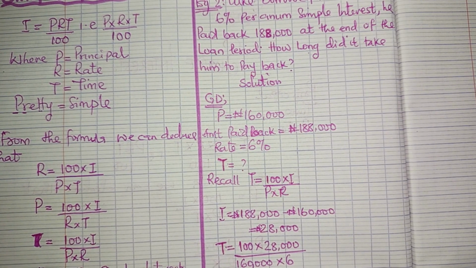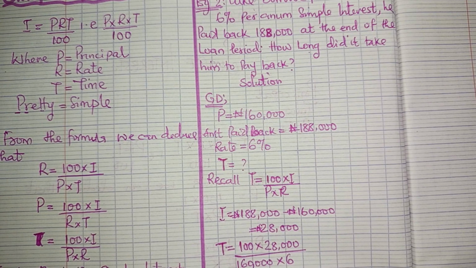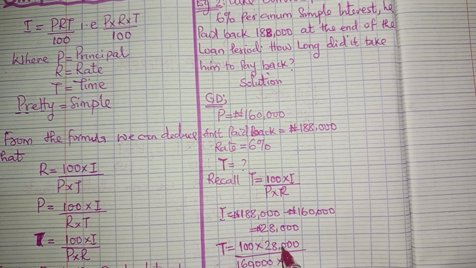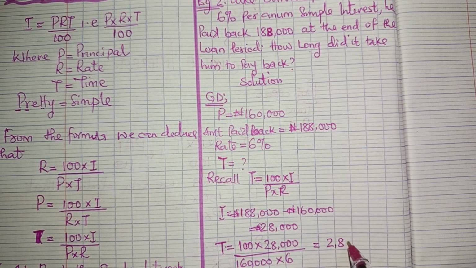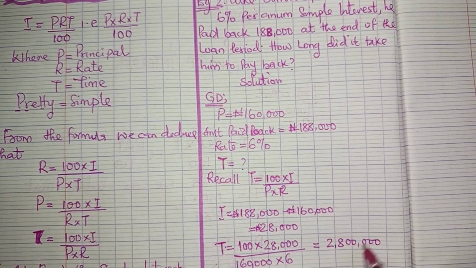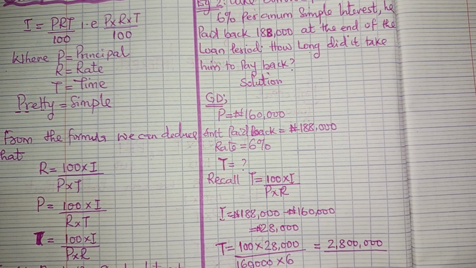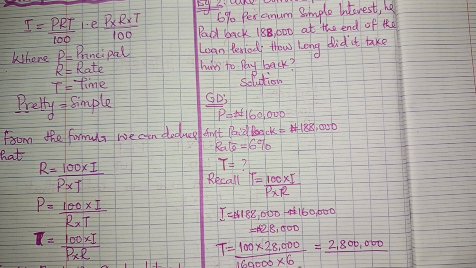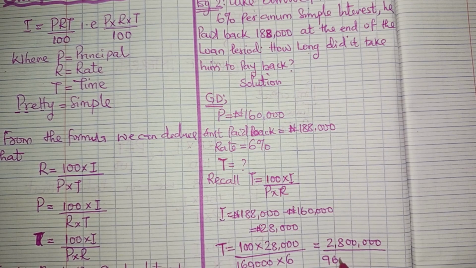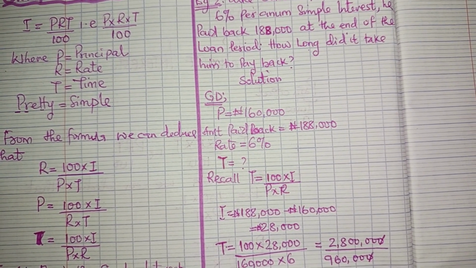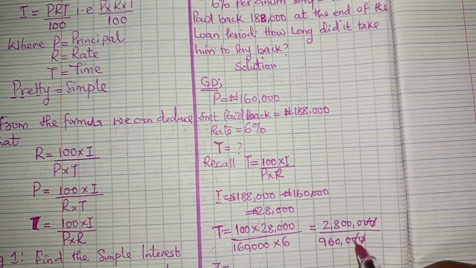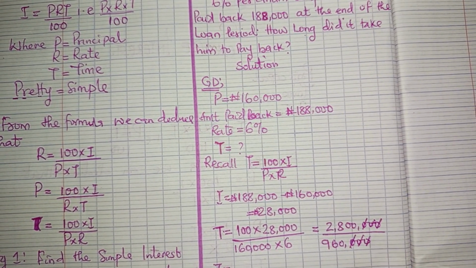We have that T is equal to 100 multiplied by 28,000, which will give us 2,800,000, divided by 160,000 times 6, which will give us 960,000. Cancel zeros.